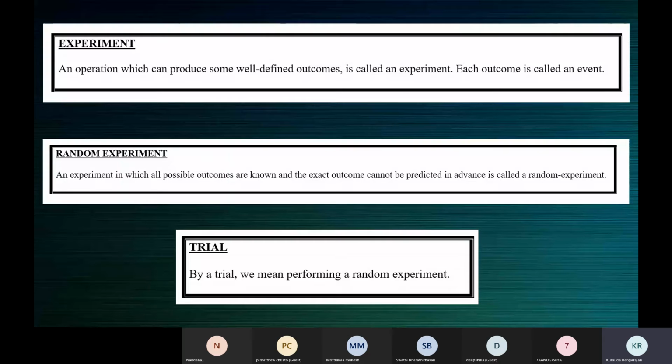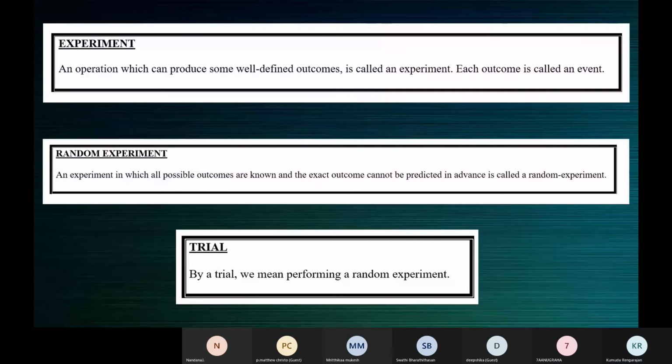I'll tell you what every phrase in this definition means. An operation which can produce some well-defined outcomes is called an experiment. Each outcome is called an event.